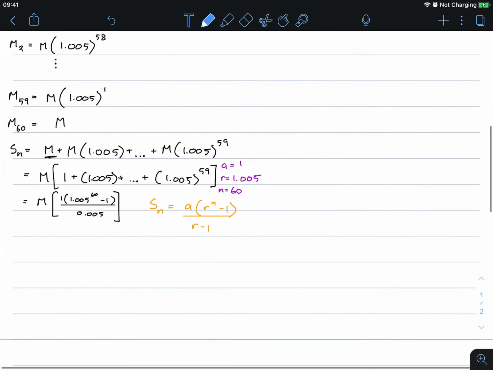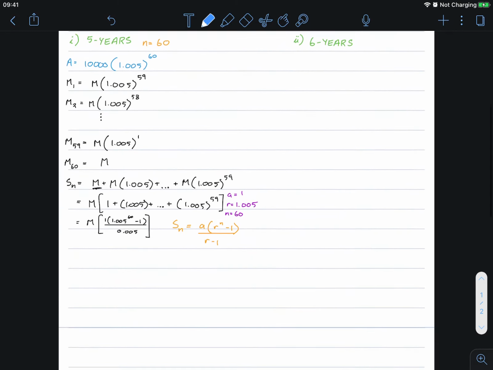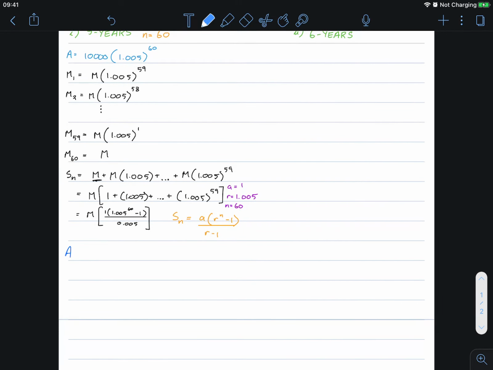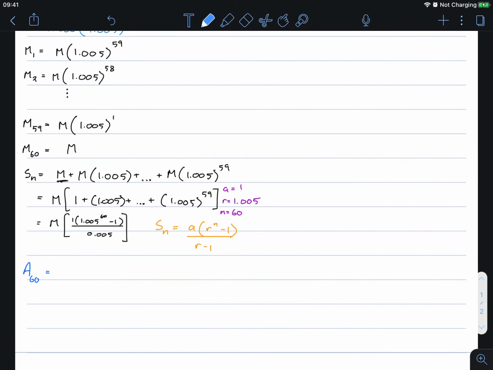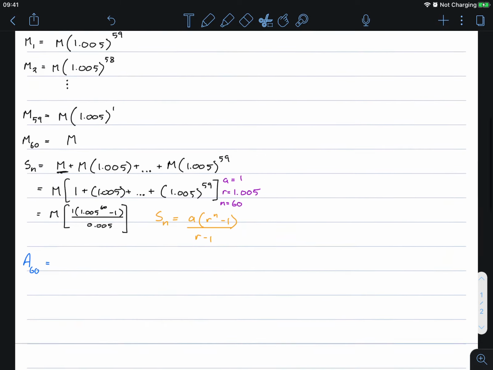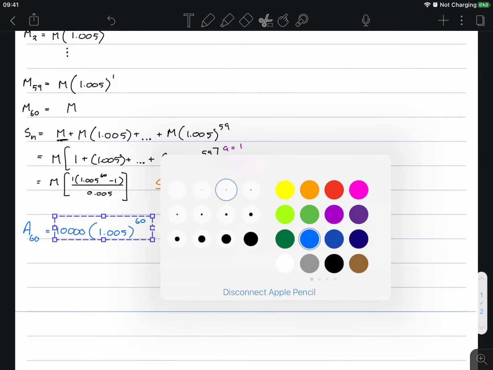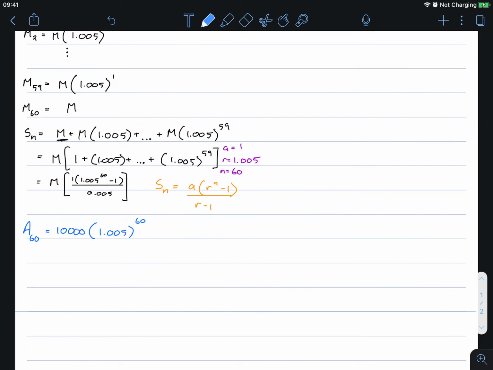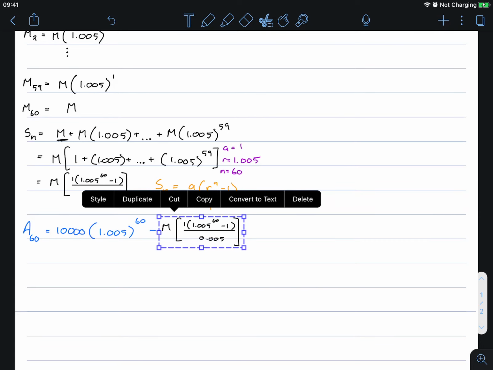But now that we have both of these expressions, we can find the value of the loan at 60 months. It's going to be the compound interest here, minus all the repayments plus interest.